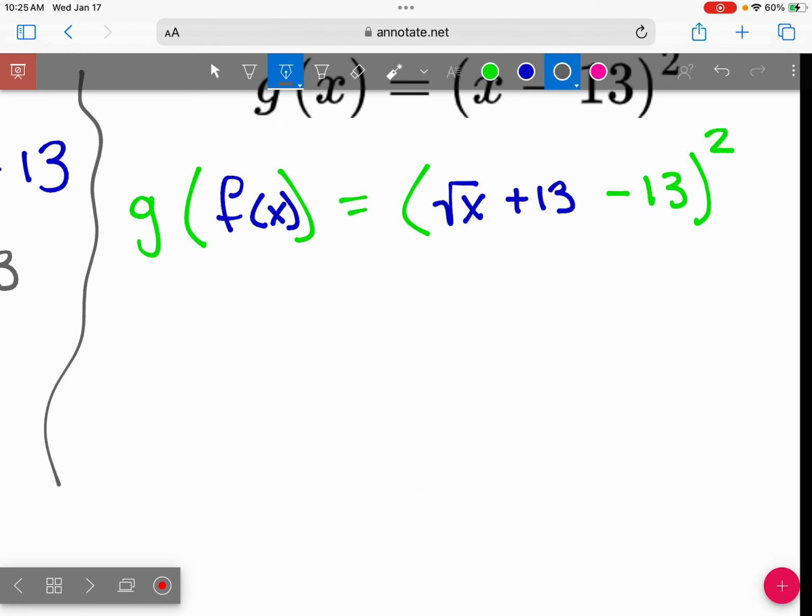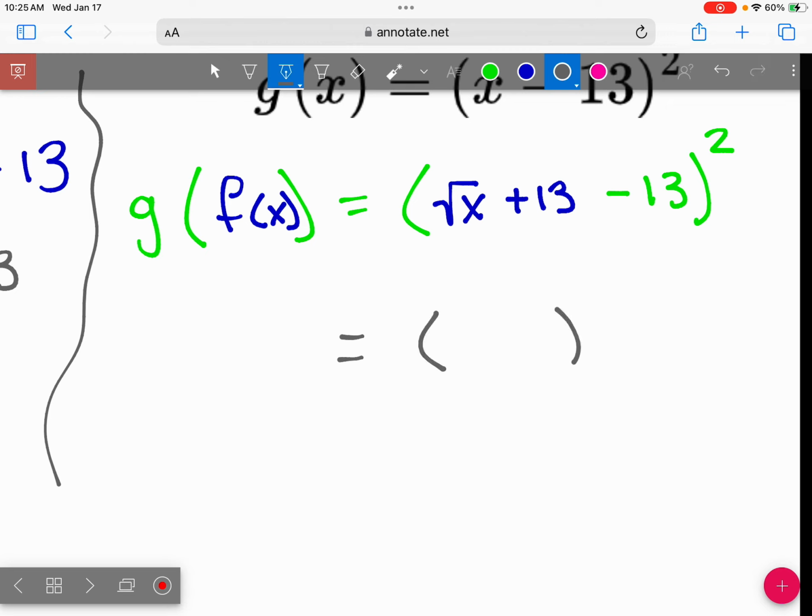And when we're simplifying, what are we going to do first? Not going to square it first. Think about our order of operations. We've got to simplify what's in the parentheses, these 13s. Simplify what's inside the parentheses first.